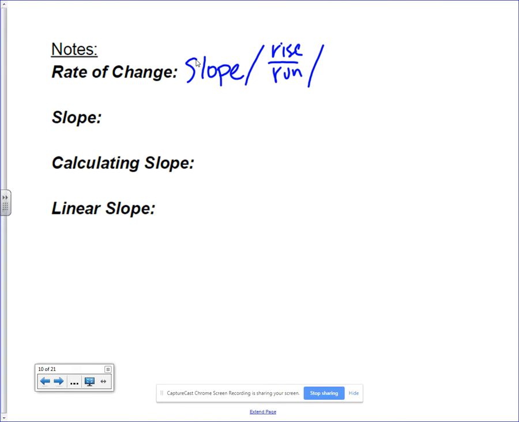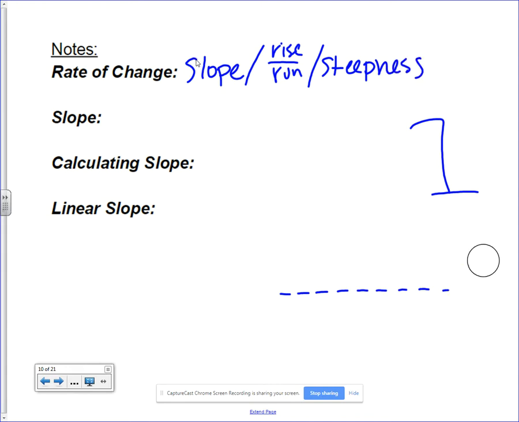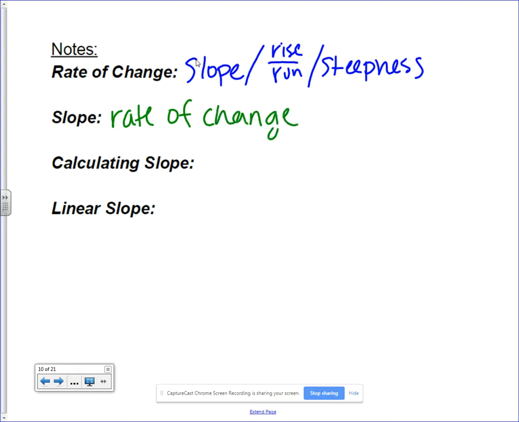Can we play hangman? Pick a steepness. Don't even need the hangman. You saved the man. Okay, also called steepness. Slope is what? And basically all those other things up there that we wrote, correct?